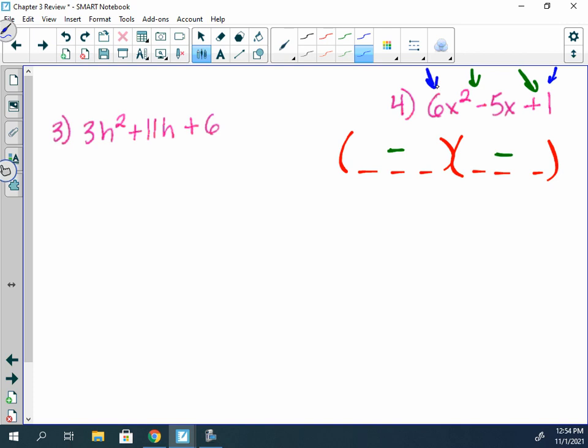So we need to find the factors of 6x squared. The only factors of x squared are x and x. Now the factors of 6, that's 1 and 6, or 2 and 3. Which one do we want to try first? Okay, 2 and 3. Now we need to find the factors of 1, which are 1 and 1.